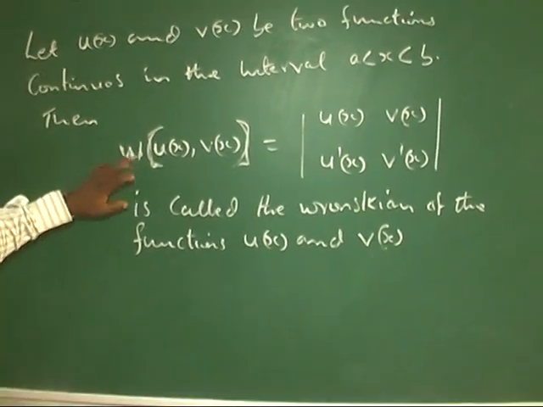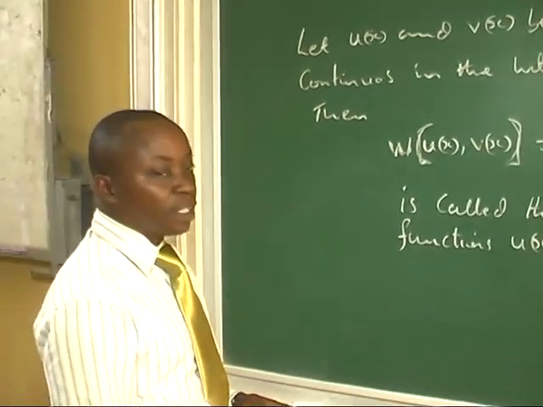So this is how we define the Wronskian of functions.